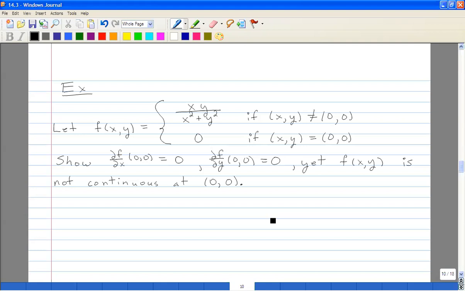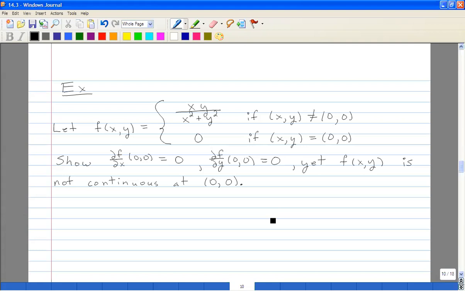And so you would expect that if a function is differentiable at a point, then the function is continuous at that point. Well, notice that if the partials exist and they're equal at that point, it still may not be that the function is continuous at that point. So that gives you a hint that maybe these partials are not derivatives.